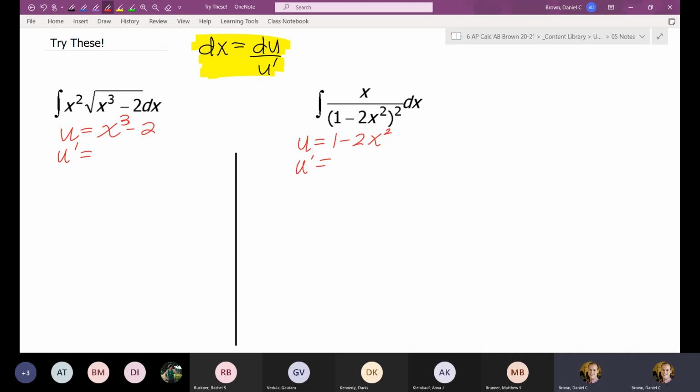If you're checking your answer, there's what I would choose for my u for those two. Clearly I'm not done, but that would be the first step for both of them. u prime is pretty easy to find once you identify your u. I'm going to give you a few more moments to finish those before I finish them.